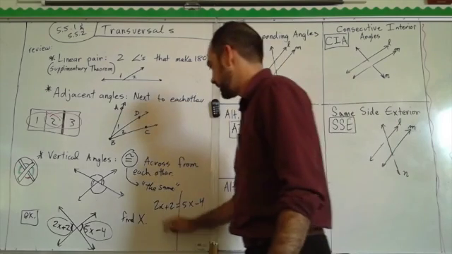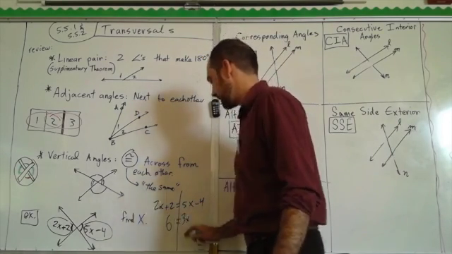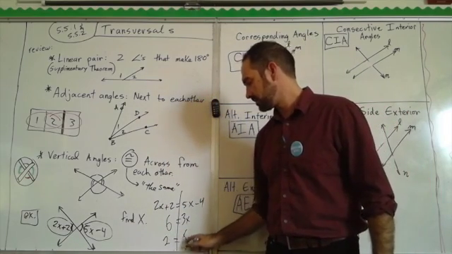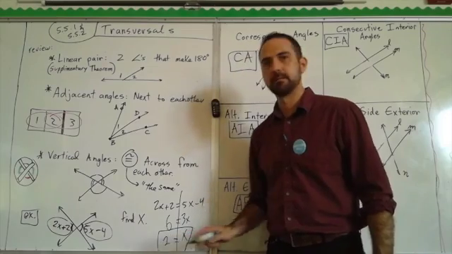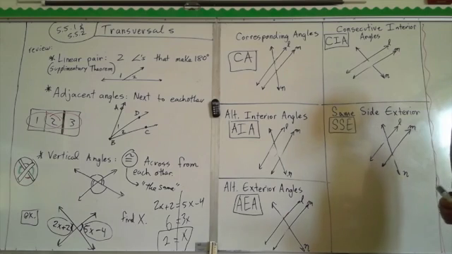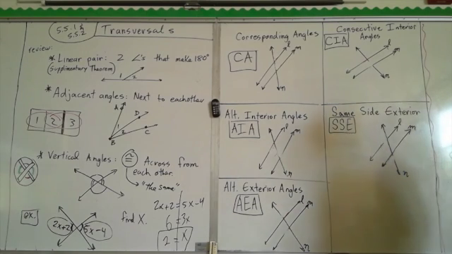Because I know the vertical angles, I know these two are congruent, so I can make them equal and solve for x. X is equal to 2. So we wouldn't be able to find x is equal to 2 if we didn't know that those vertical angles were congruent. Because they are congruent, we can equate them and solve for x.